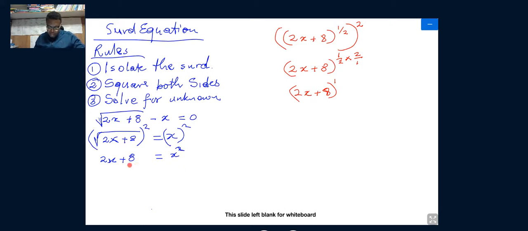And then you transpose this. I like to take this to the right hand side. There's a reason why. I just feel like doing that. So here is going to be 0 equals x squared minus 2x minus 8. It's just simple for me this way.